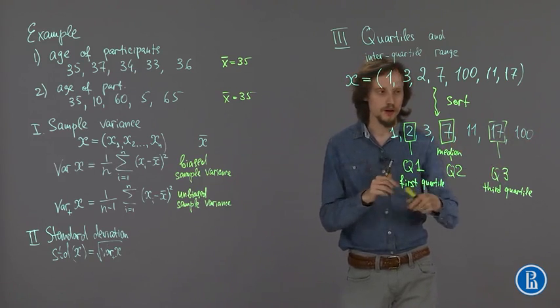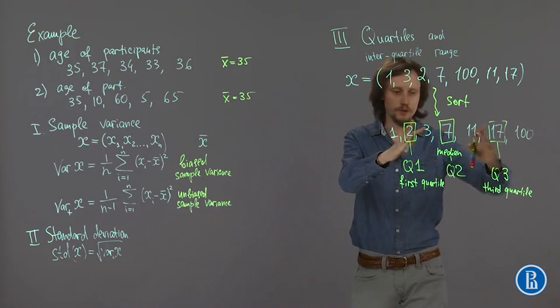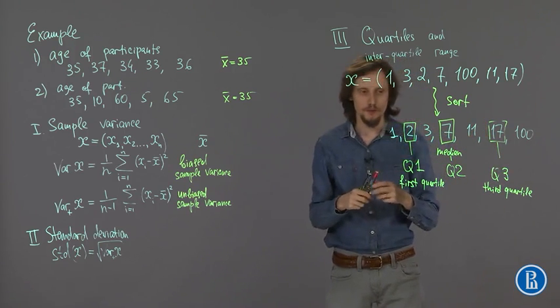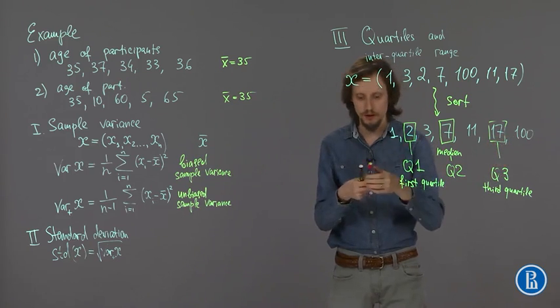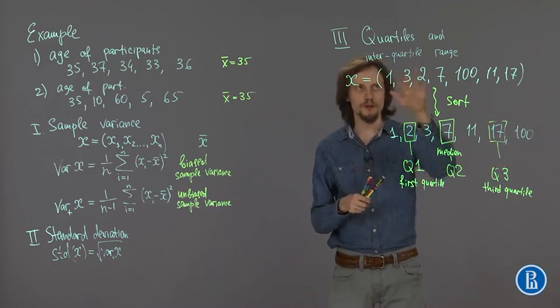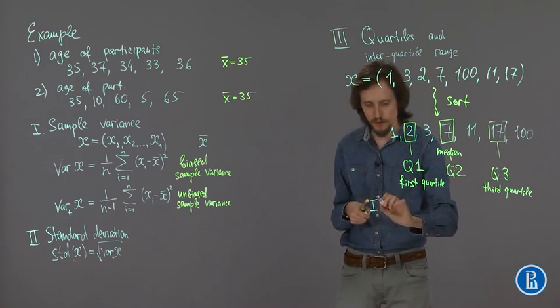Note that half of our sample is contained between the first and third quartiles. So the difference between the third and first quartiles is called interquartile range, abbreviated by IQR.